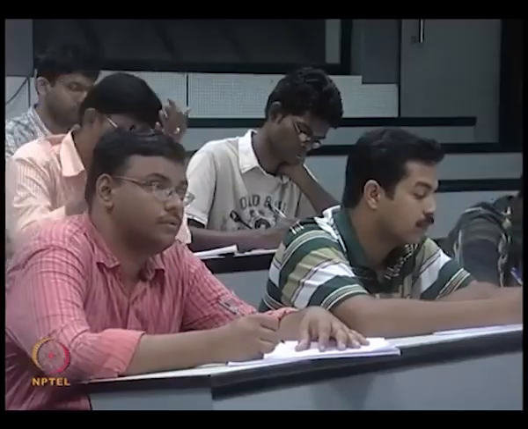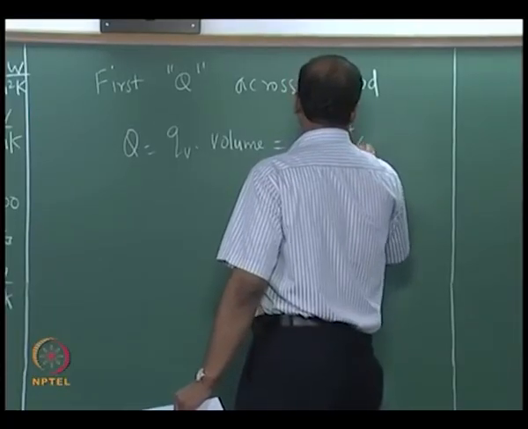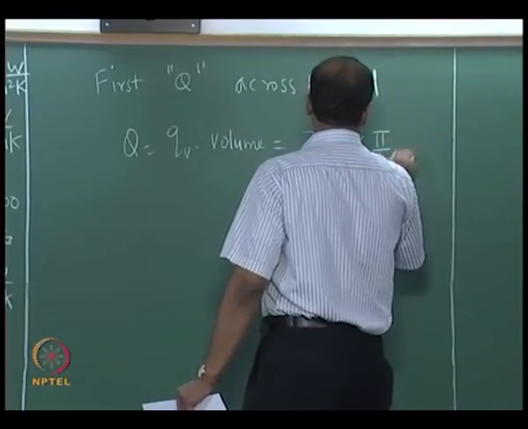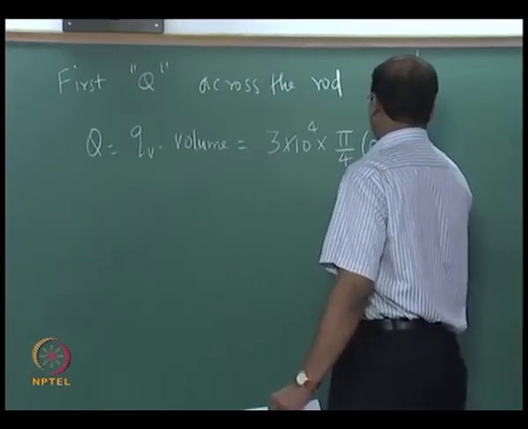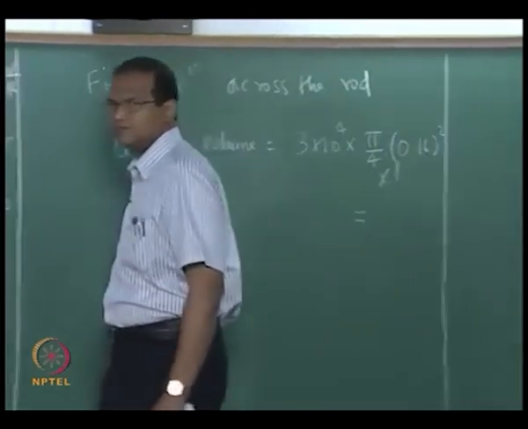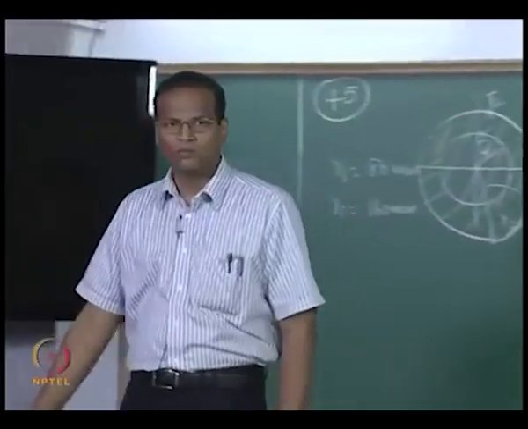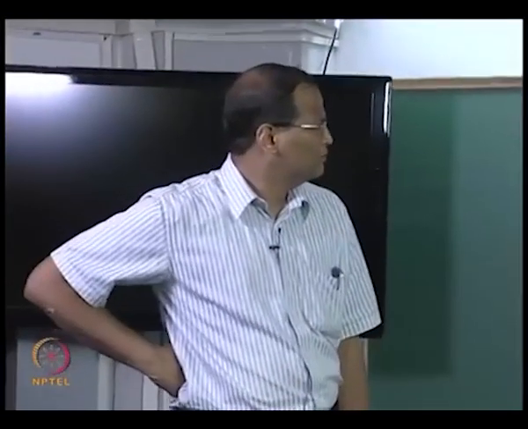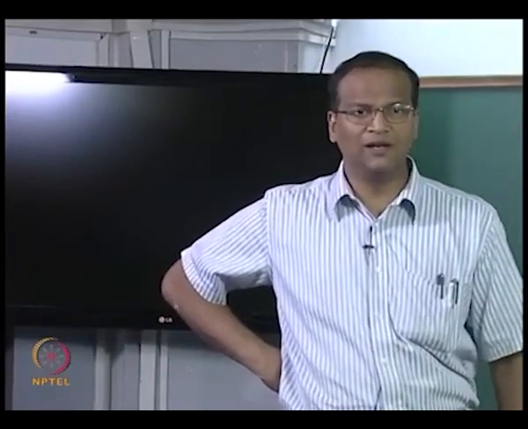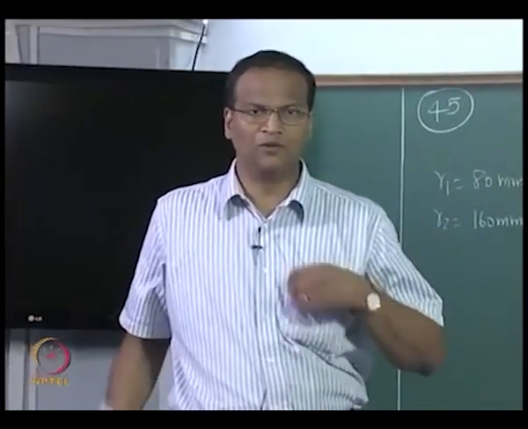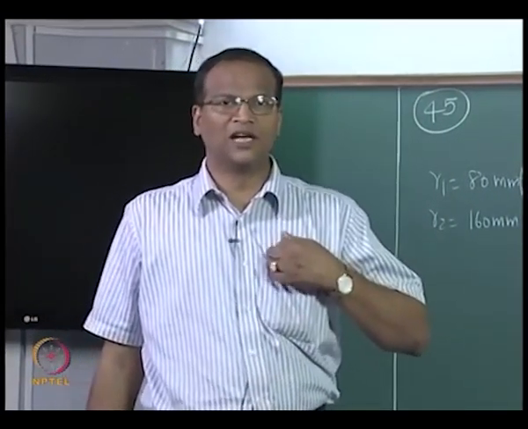We just take 1 meter. Is this correct? 30,000 watts per meter cube into pi by 4 into 0.16, because R is 8 centimeter, D is 16 centimeter, 0.16 into 1. Is it clear?